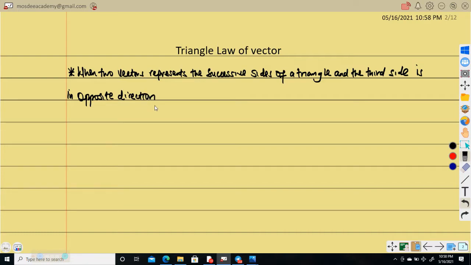And the third side that is in opposite direction will always give the sum of the two vectors, or the resultant.